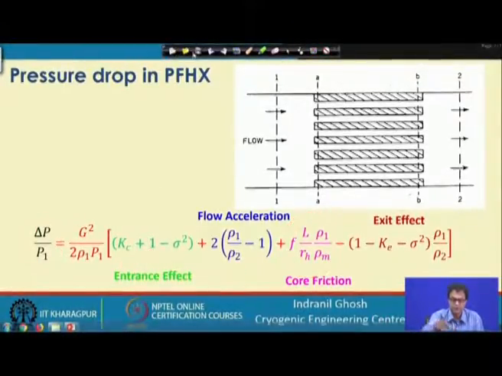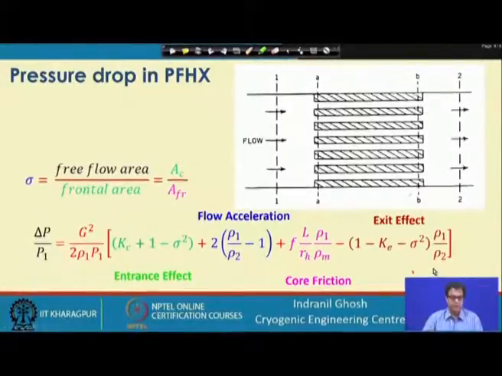So, now we will look into this. As we have told you, this sigma is the ratio between the free flow area and the frontal area, and we define it as A_c by A_frontal. Most of the time we have an idea about the frontal area of the heat exchanger, and sometimes it is specified.